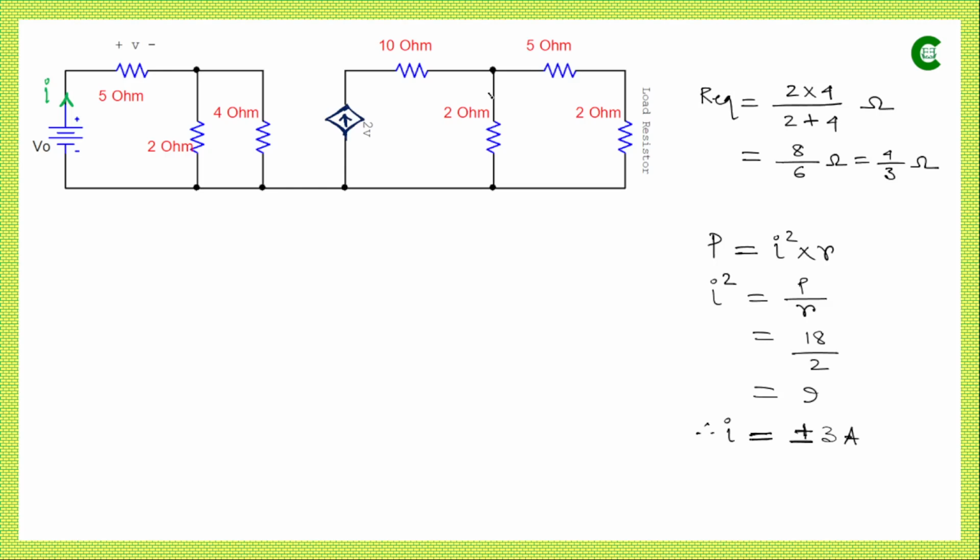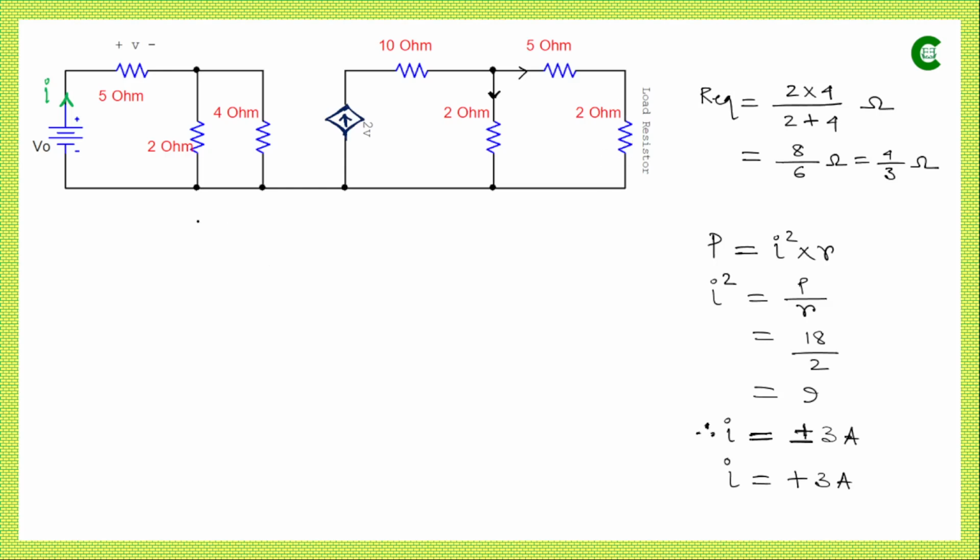One part will be flowing through this branch and the other part through this branch. So through this 2 ohm resistor or load resistor, the current flowing is downward. That will be the actual direction of current, and with respect to that direction the current value will be plus 3 ampere. If we take plus 3 ampere, that signifies that through this 2 ohm load resistor the current is flowing downwards.